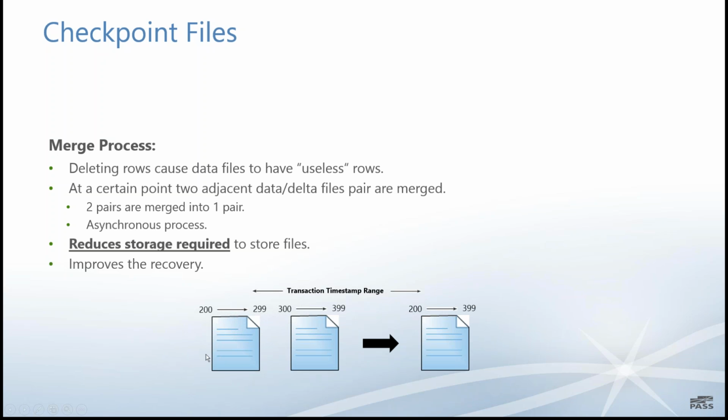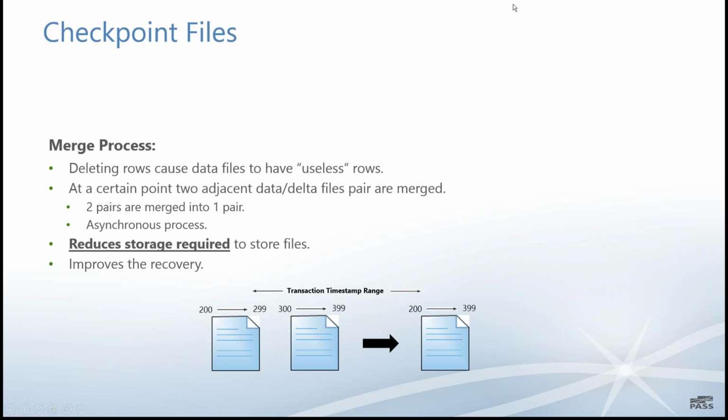And this first checkpoint file is responsible for the timestamp from 200 to 299. The second one from 300 to 399, okay? So both data files here have a lot of invalid data, and both delta files have a lot of deletions tracked there. So you are going to make a merge. What does the merge do?